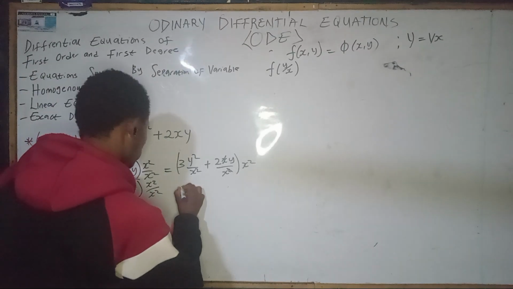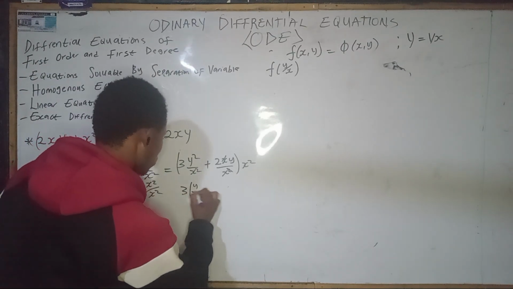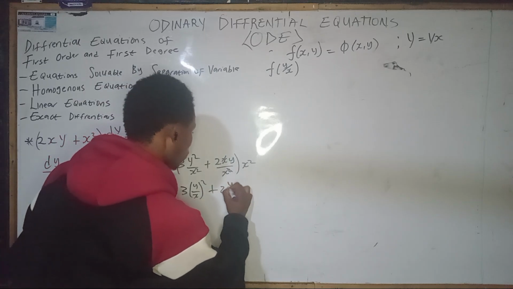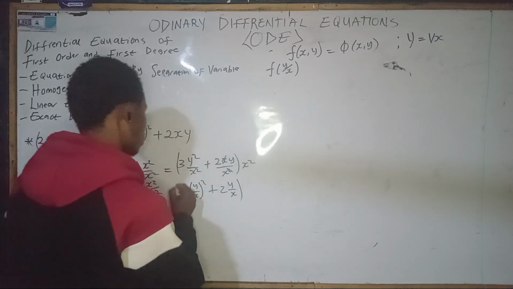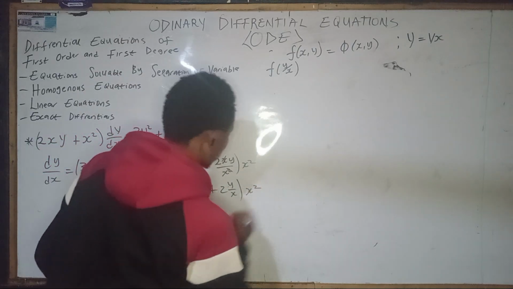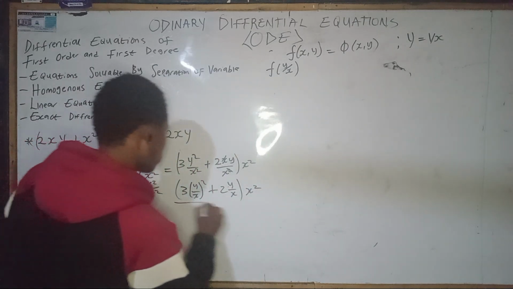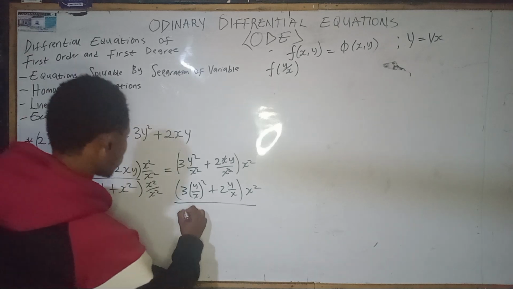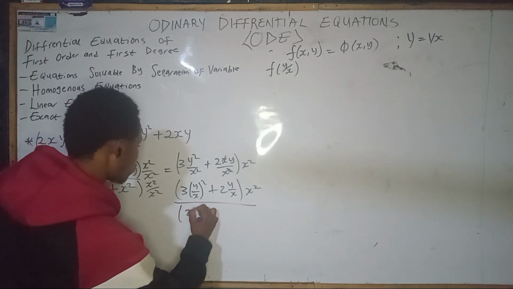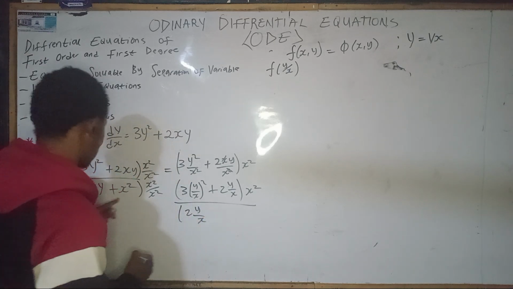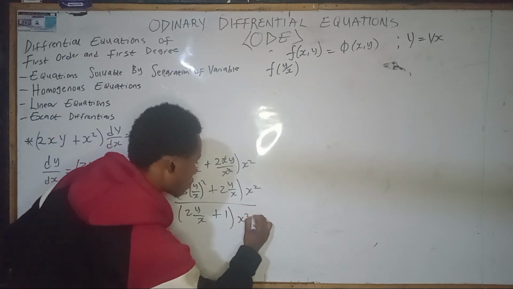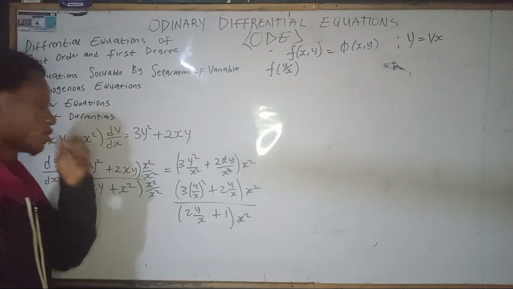So here we have 3 into y over x all squared, plus 2 into y over x. We can bring our x squared value here, and even in the one that is under, if we do the same thing, we eventually have 2 into y over x, and here we have 1. We bring our x squared here and they cancel each other.